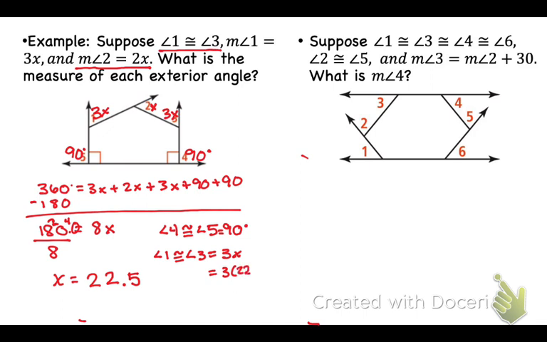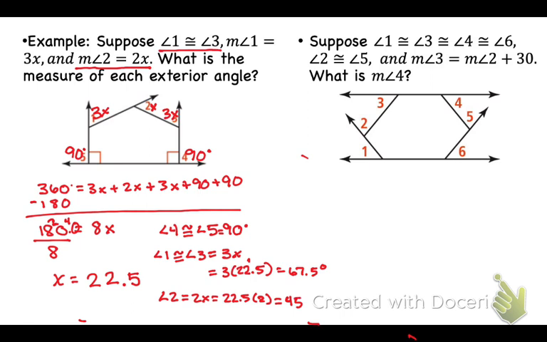So I have to multiply, right? 22.5 times 3 is 67.5 degrees. And then I know angle 2 is 2x, so 22.5 times 2, which is 45.